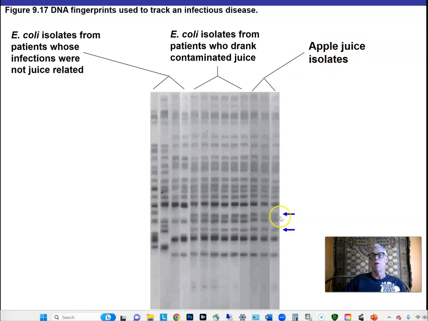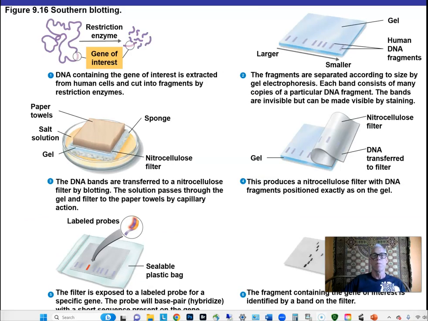And sure enough, the E. coli was found in that apple juice and has the exact same bands that were unique to the people that got sick. So you can see that we've been able to use DNA fingerprinting to show that a particular juice sample was what made a bunch of people sick that all drank the same juice. So very powerful strategy for public health.